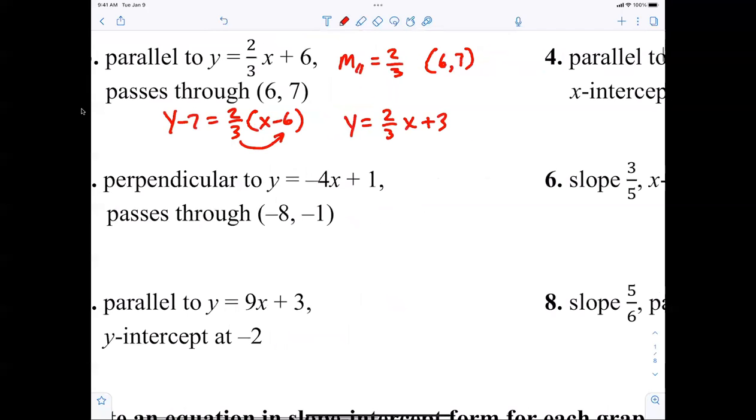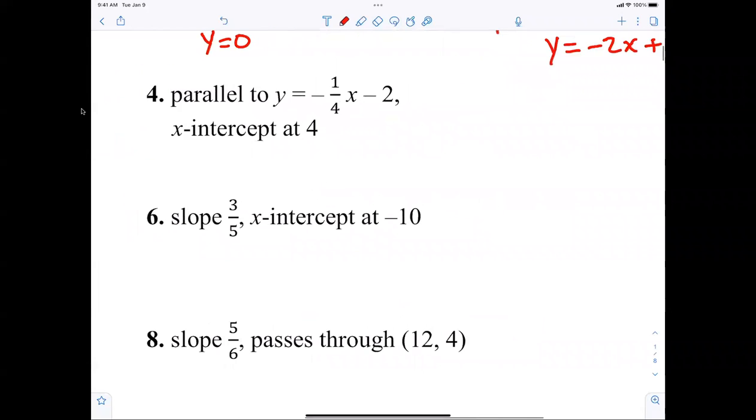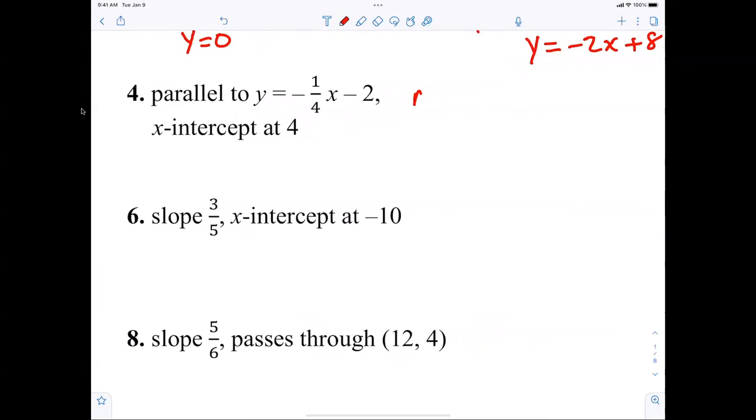All right, let's check out number 4. What's the slope of the parallel line going to be? -1/4. Come on, guys. And what point is it going through? 4, 0. So everybody write the equation. Y minus 0 equals -1/4 times x minus 4.